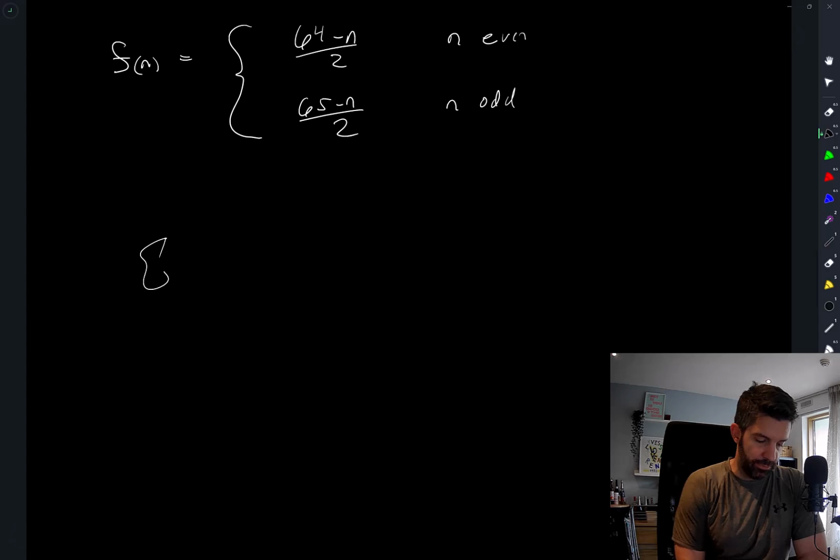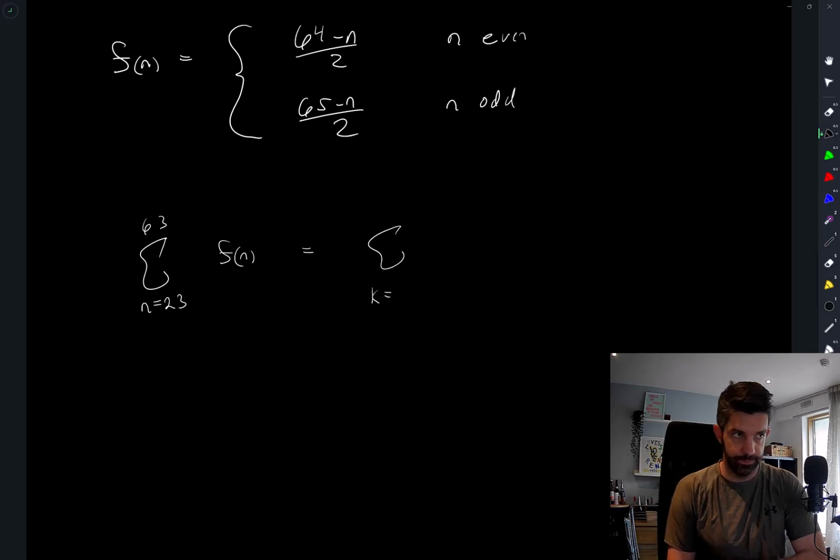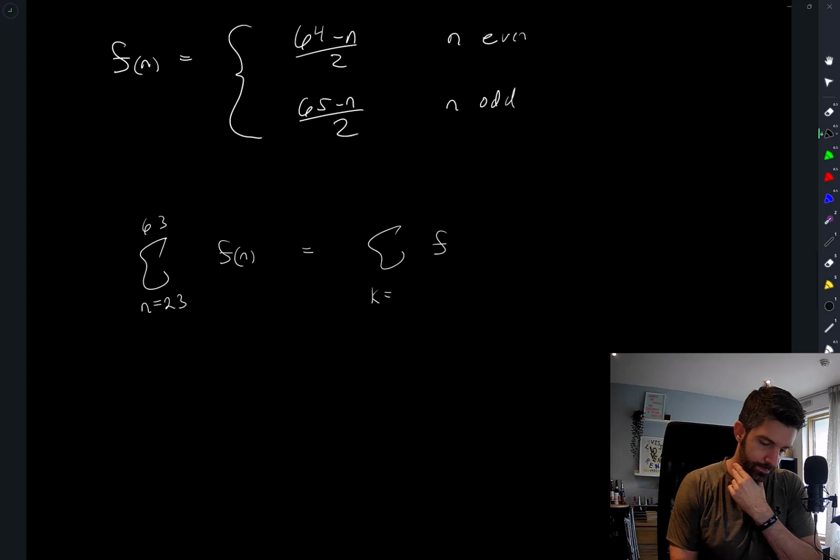So what do we have? We have a sum as n goes from 23 to 63 of f of n. This is a sum, k goes from... I want to write it like this.